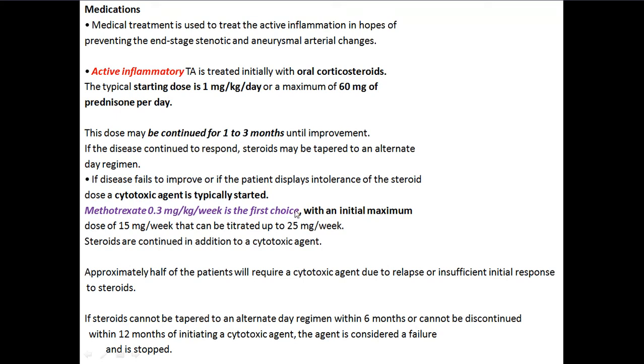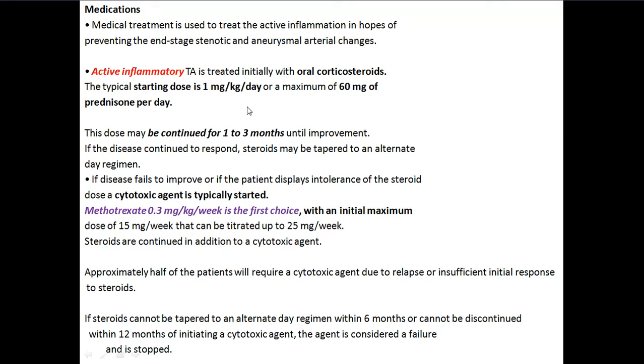And if the disease continues to respond, steroids may be tapered, or an alternate drug should be added, like methotrexate, which is 0.3 milligram per kg per week, the first choice, with the initial maximum dose of 15 mg per week, and that can be titrated up to 25 milligrams per week.